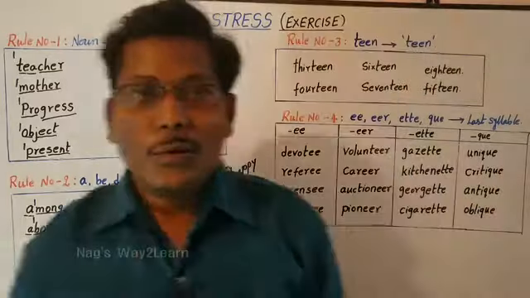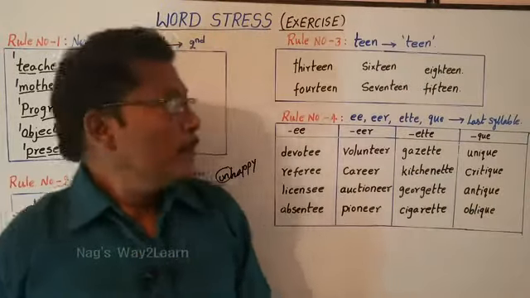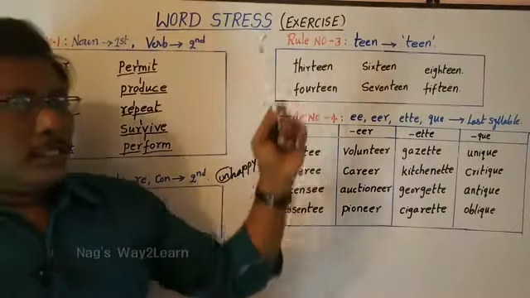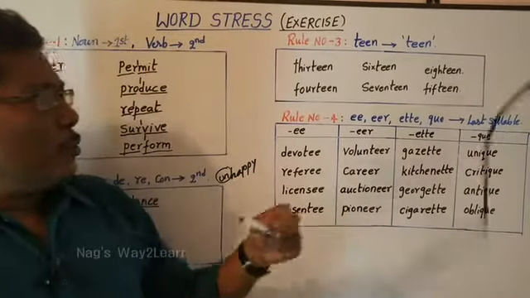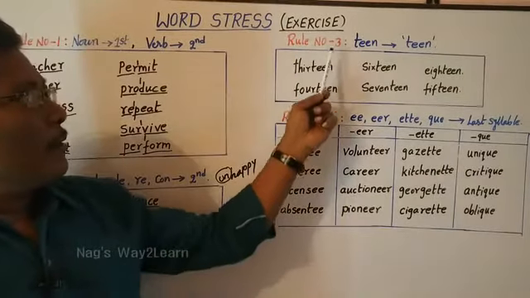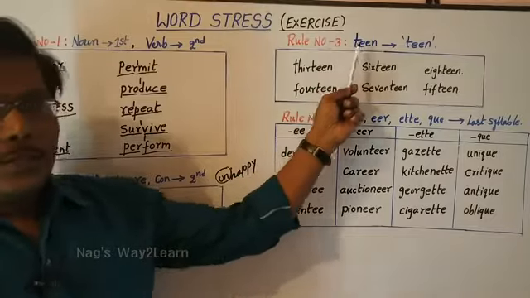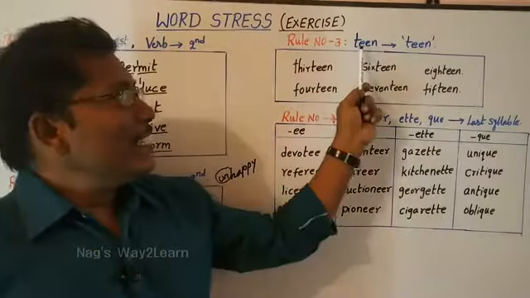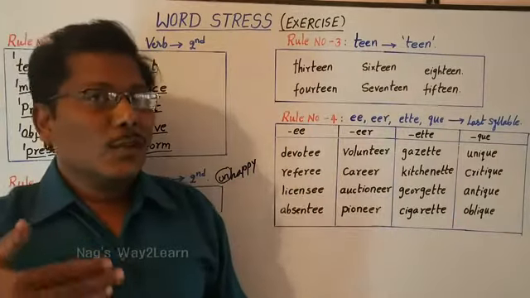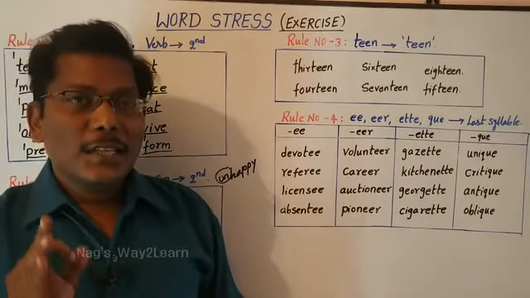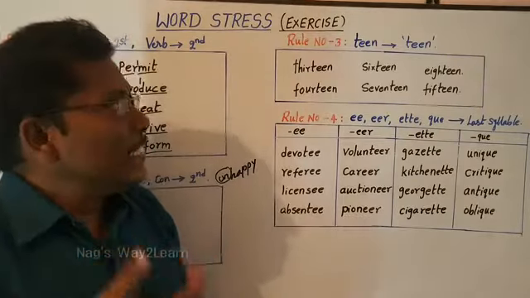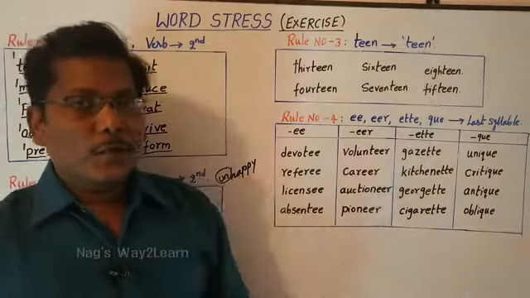Now let's go to the third rule. Rule number 3. This is very easy. If you see TEEN at the end of a word, then the stress will be on the teen itself. Okay, understand?